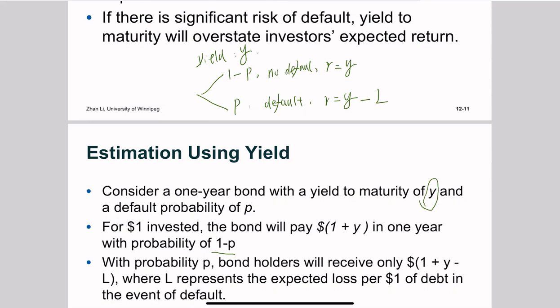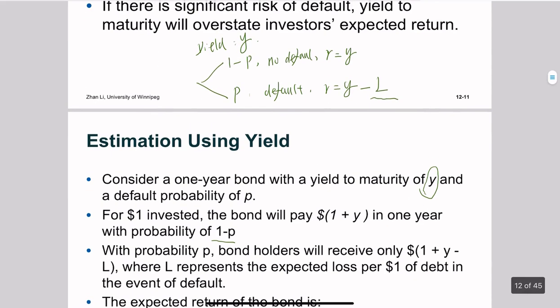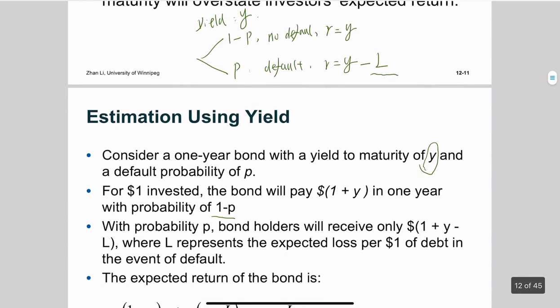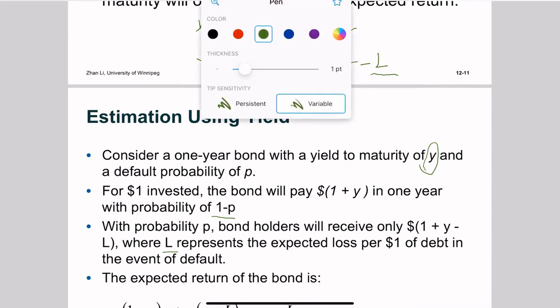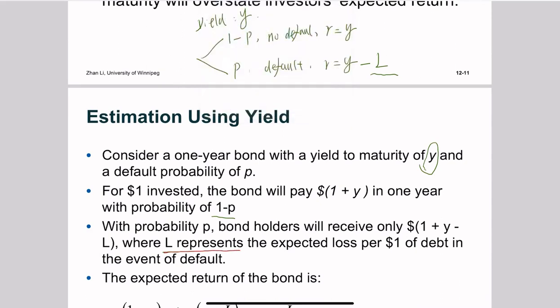Let's say this loss is given by L. What is this L? L is the expected loss rate, which is the expected loss per $1 of debt if there is default, right?